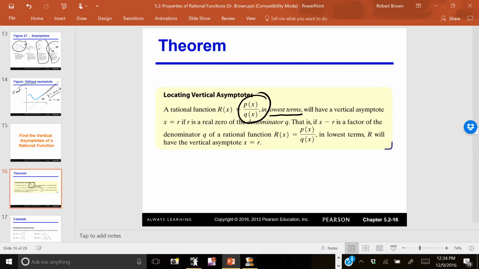And that's an important thing because if you get it in its lowest terms, in other words, cancel all common factors of p of x and q of x, then the zeros of q of x will be the vertical asymptotes.